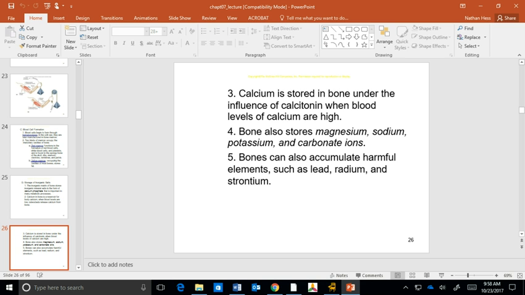Are you comfortable that your bones can also store elements that are not helpful for you? If you're exposed to some of these things like lead or radium or strontium, this is why lead-based paint is such a problem, right? A little kid is gnawing on the wall or on a crib painted with lead paint.